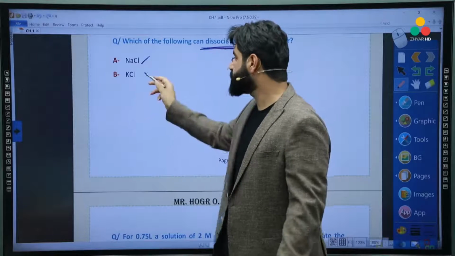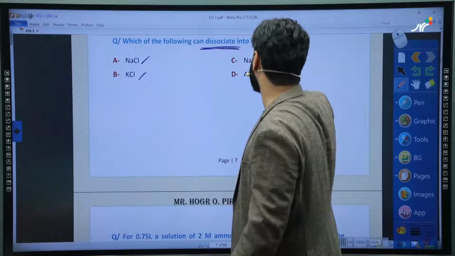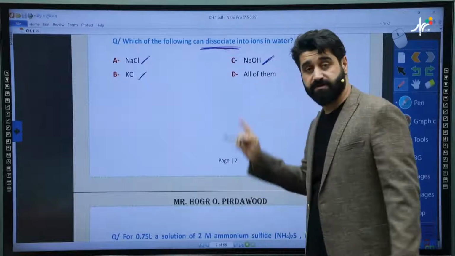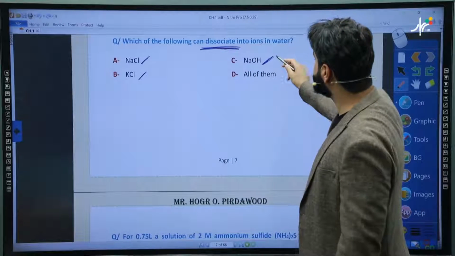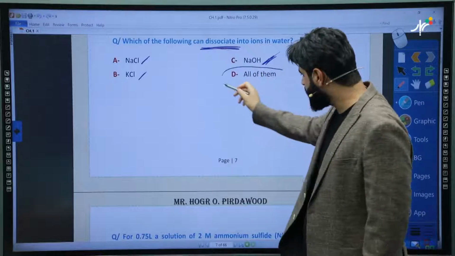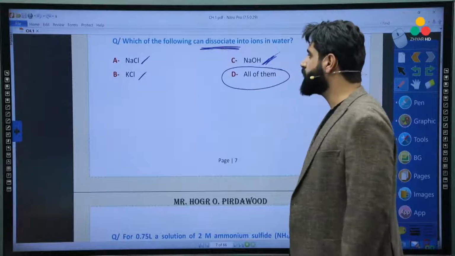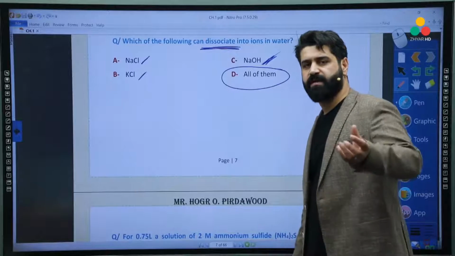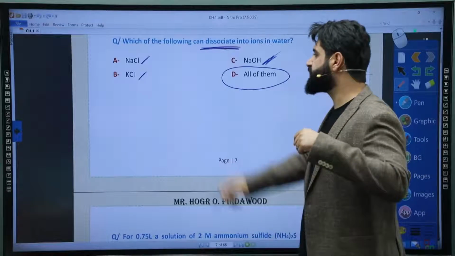Salt is an ionic compound. Salt again is an ionic compound. Strong base is an ionic compound. So all of them will dissociate if we put each of those compounds into water.